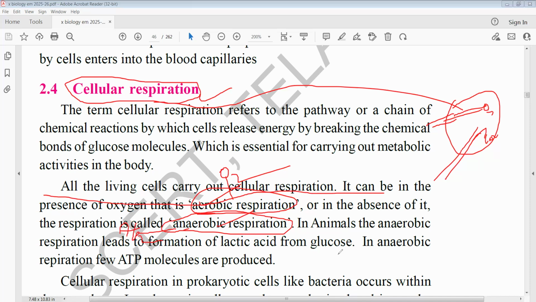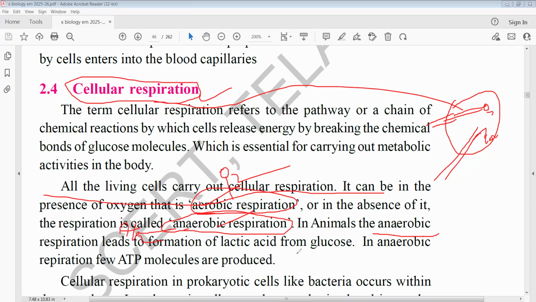That is called anaerobic respiration. So anaerobic respiration takes place in the absence of oxygen in the muscle cells of human beings when oxygen does not reach them at certain times, and also in fungi.